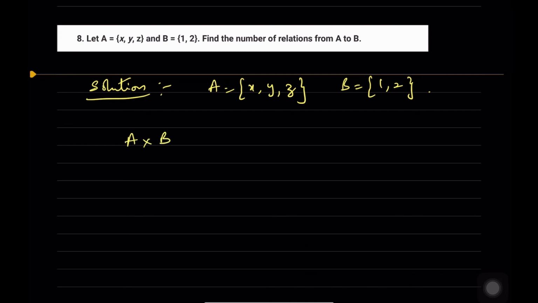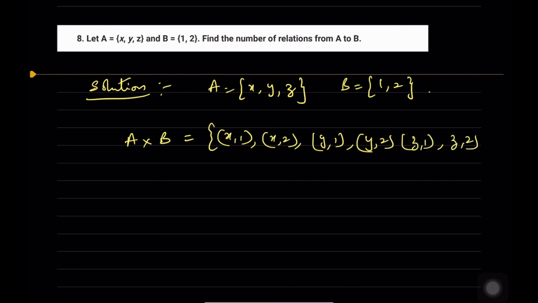A cross B is equal to x1, x2, y1, y2, z1, z2. So how many elements have we got in total? The cardinal number of A cross B is equal to 6.